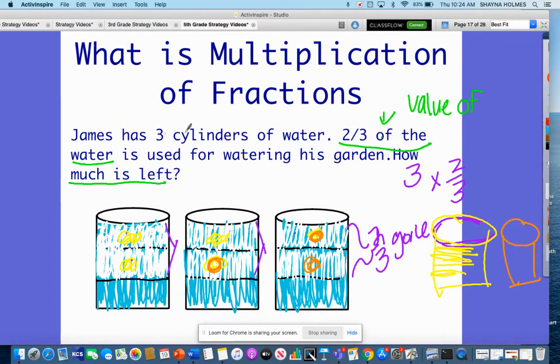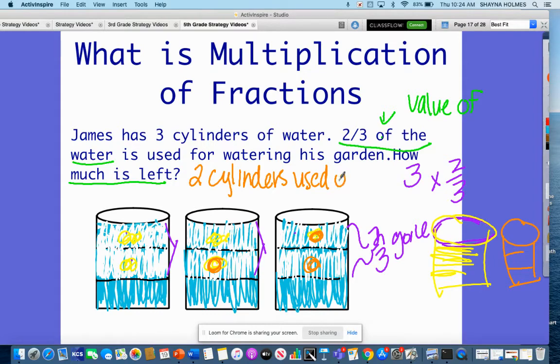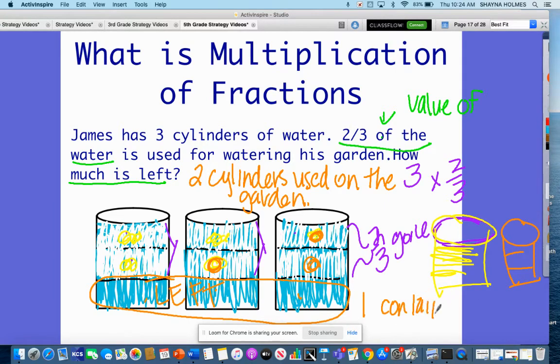So there were 2 cylinders that were used to water the garden. So that means that this right here is what is left. So 1/3 plus 1/3 plus 1/3 means 1 container is left.